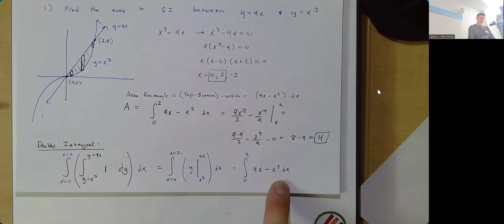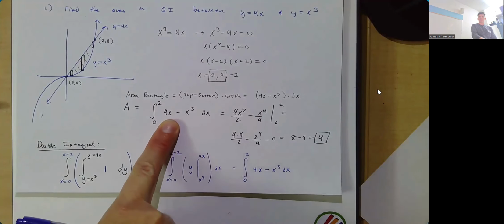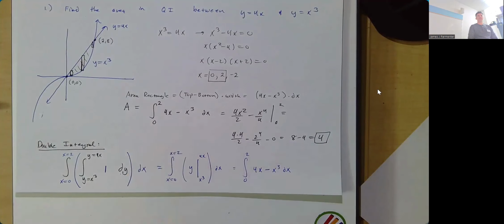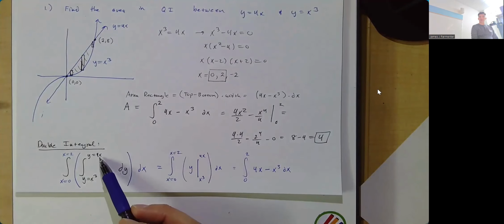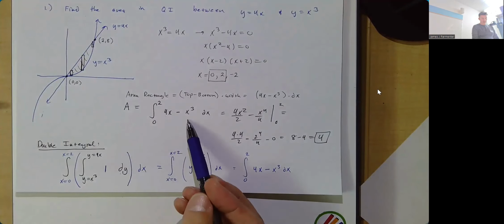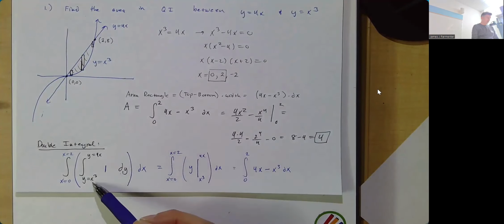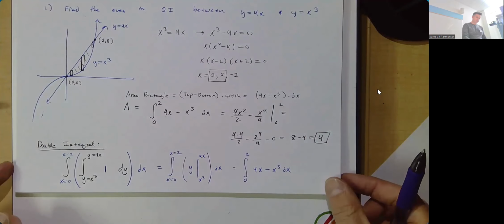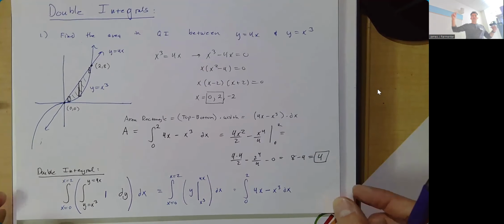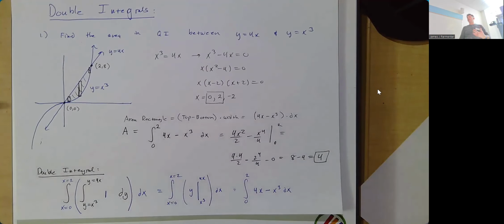That is the same as that integral right there that I used to find the area in the first place. So really, when you're finding the area, instead of integrating the top function minus the bottom function, the top function becomes your upper limit of integration in the inner integral, and the bottom function becomes your lower limit of integration in the inner integral.